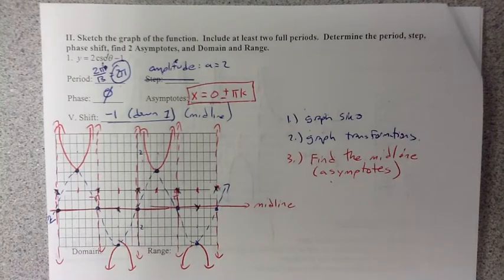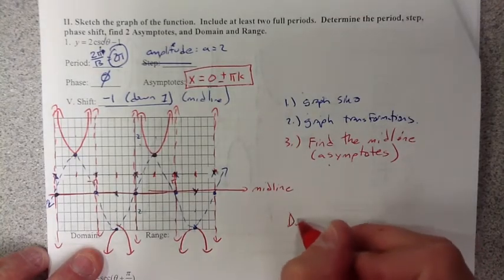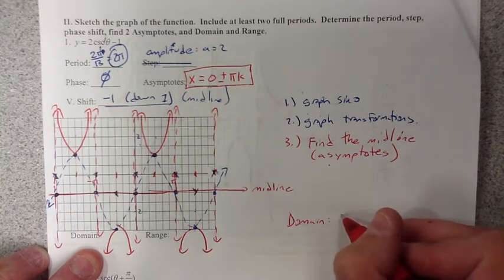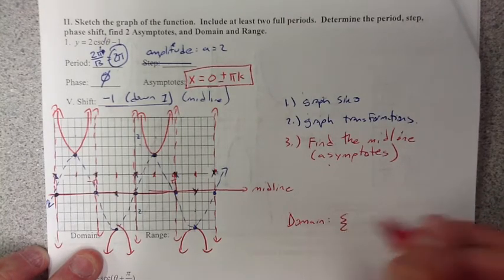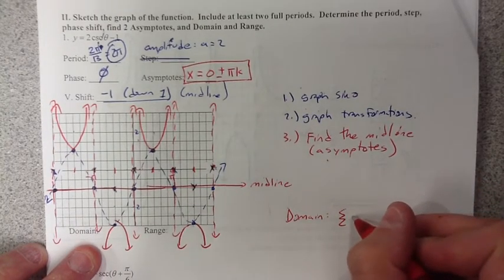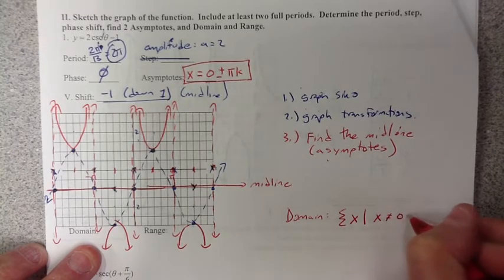Okay? Very good. Now, we also were asked to find the domain and range down here. So let's take a look. The domain, be careful, is very simple. It's all real. And we would say this: we're not even going to use interval notation. We're going to use set builder: all x such that x cannot equal 0 plus or minus pi k.